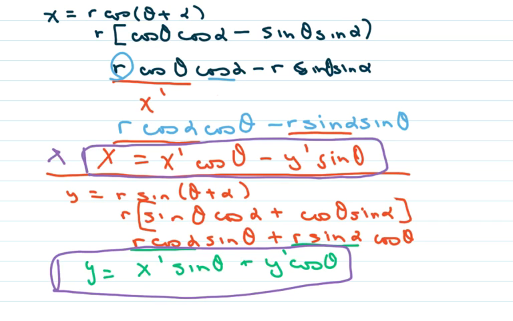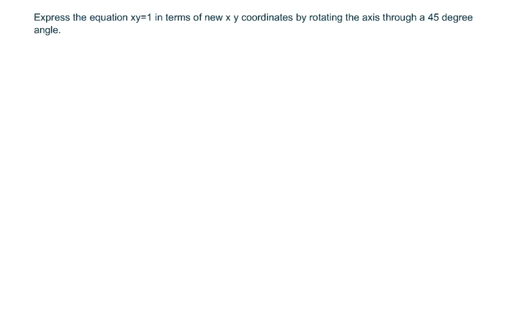These are the ones we're going to be using in the next videos. I do have one example real quick. We want to express the equation xy equals 1 in terms of the new x prime, y prime coordinates by rotating the axes through a 45-degree angle. The first thing we do is let theta equal 45 degrees, and then use our rotation formulas.